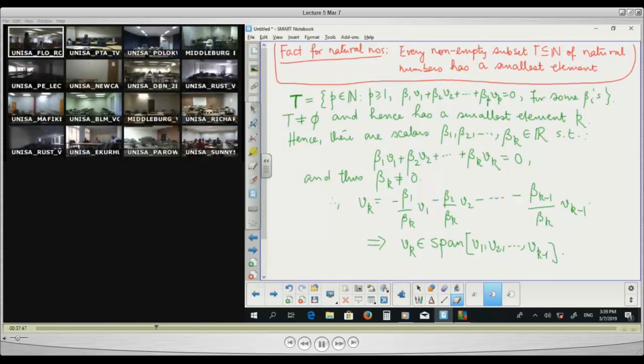So, from this step, I conclude that either Vk is zero or beta k is non-zero. If Vk is zero, I'm done. And if Vk is non-zero, then I can write Vk as a linear combination of the previous ones. Okay? So that completes the proof.